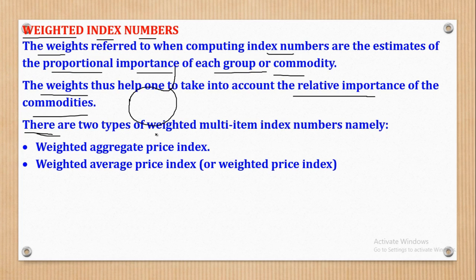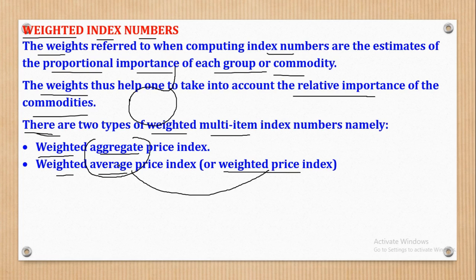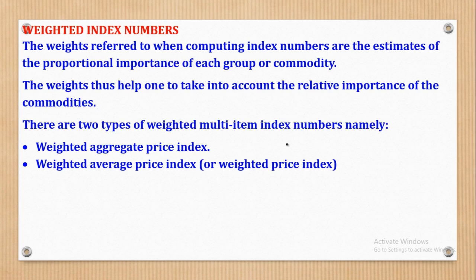There are 2 types of weighted multi-item index numbers, namely weighted aggregate and weighted average. Like under simple or unweighted index numbers, even here when they don't specify whether the price index is aggregate or average, you have to take it to be average. For example, if they just say weighted price index, it implies that they want the weighted average price index.